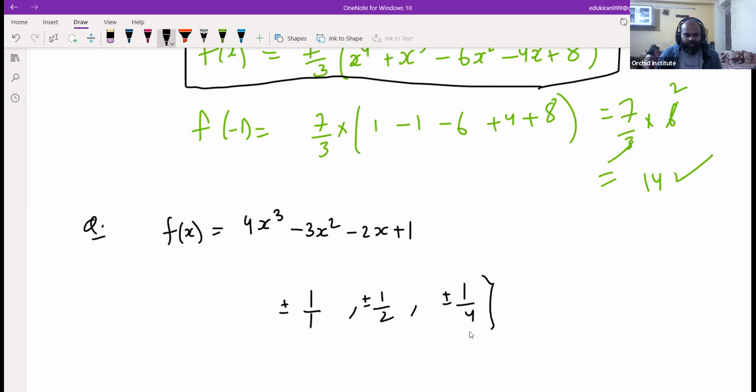Among these, you may get some root. If you get even one factor, the rest two factors you can find because it will become a quadratic, and you can do middle term splitting. That quadratic you can get by polynomial division. So first check which of these will satisfy this.